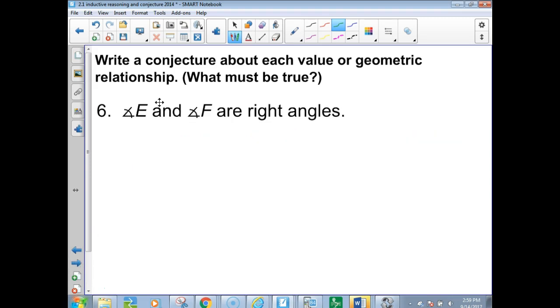Okay? Write a conjecture again. Now, angle E and angle F are right angles. What would be kind of the most obvious thing to say? They all equal 90. Okay, so the measure of angle E and the measure of angle F equal 90 degrees. There's another thing we could say, if anybody maybe thought of it: if they're both 90, they are supplementary.